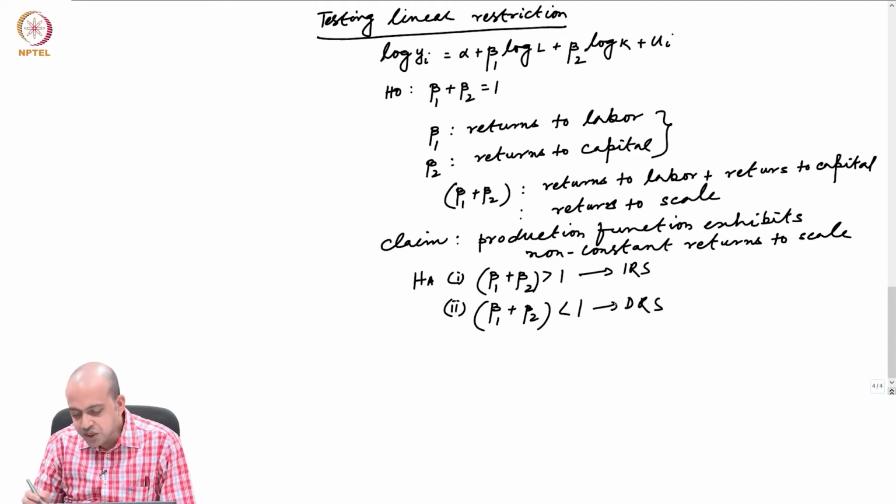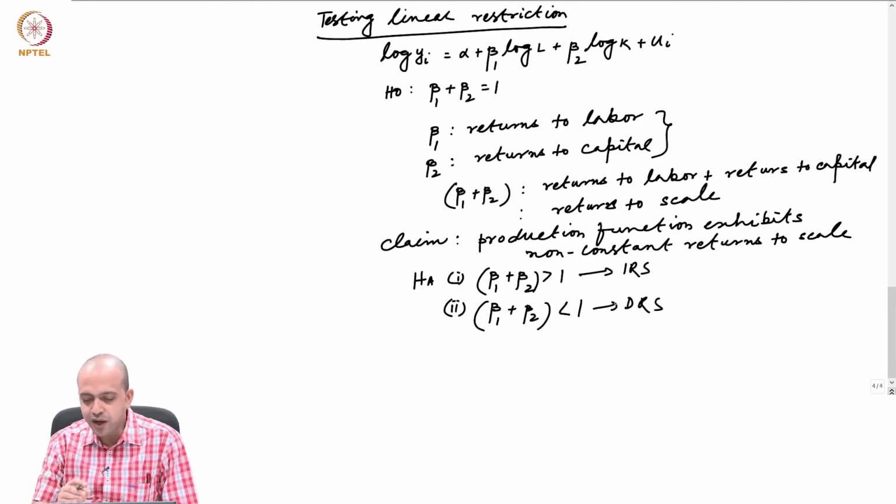So, we are hypothesizing the possibility of these two cases, that is our claim, and when we nullify our claim, our null becomes beta 1 plus beta 2 equals 1, constant returns to scale.